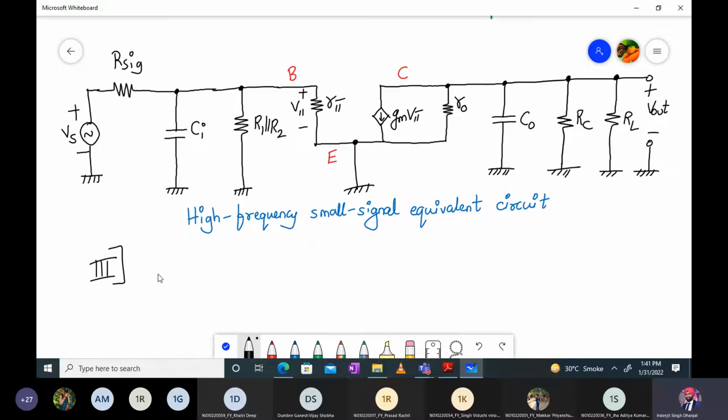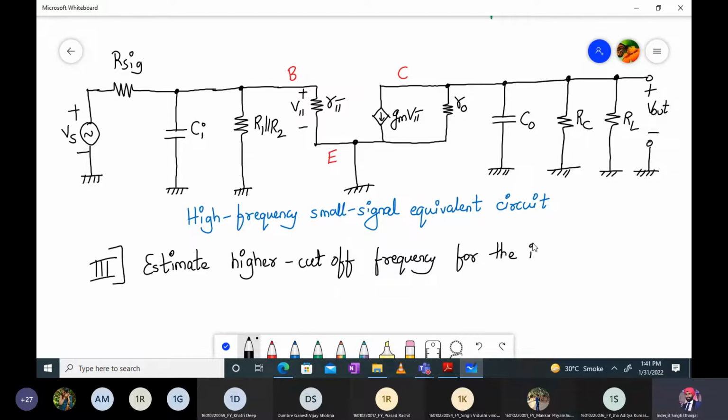Let me write over here: estimate the higher cutoff frequency for the input side circuit.